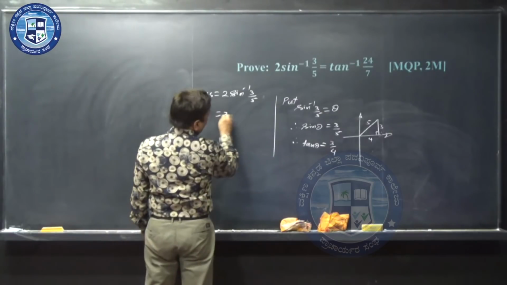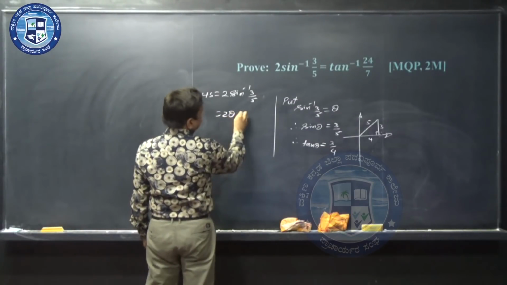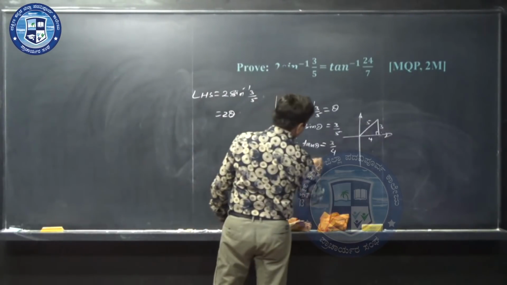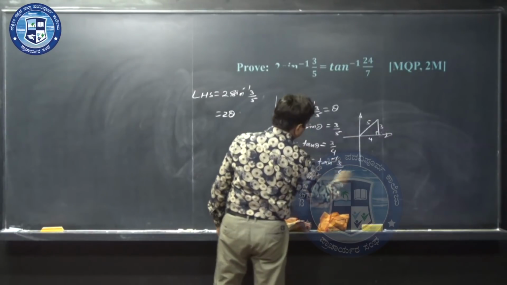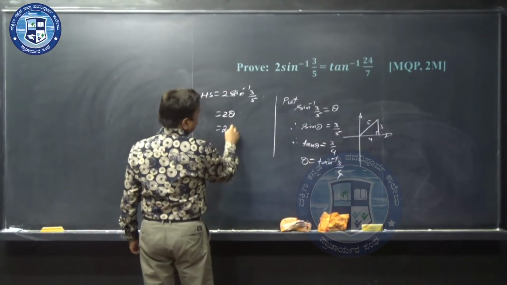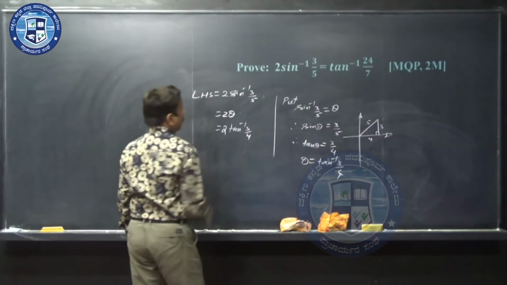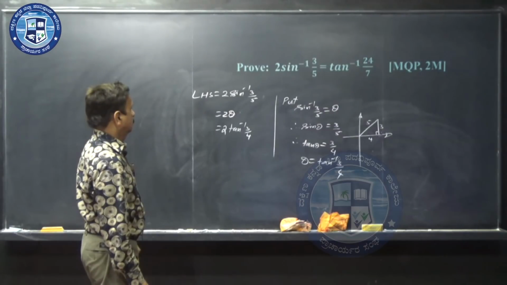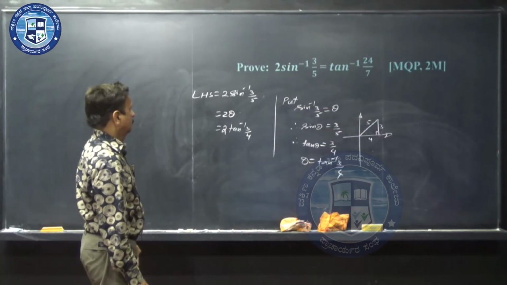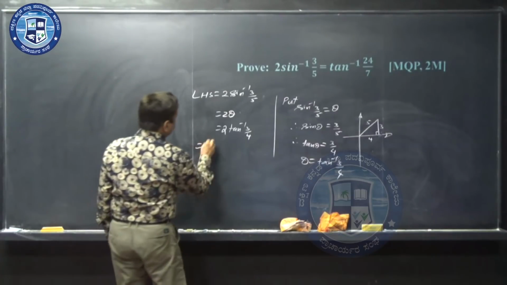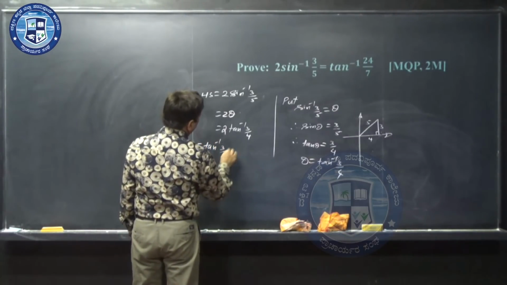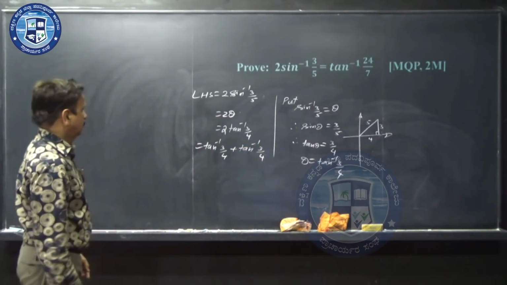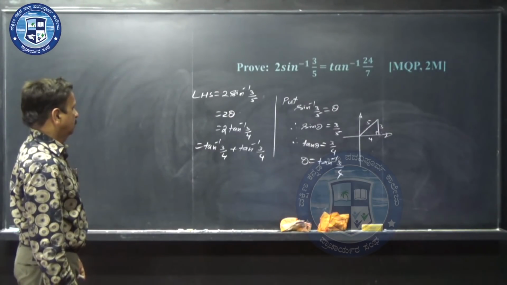So, you will get it as 2 times theta. Therefore, theta is equal to tan inverse 3/4. So, that is equal to 2 times tan inverse 3/4.